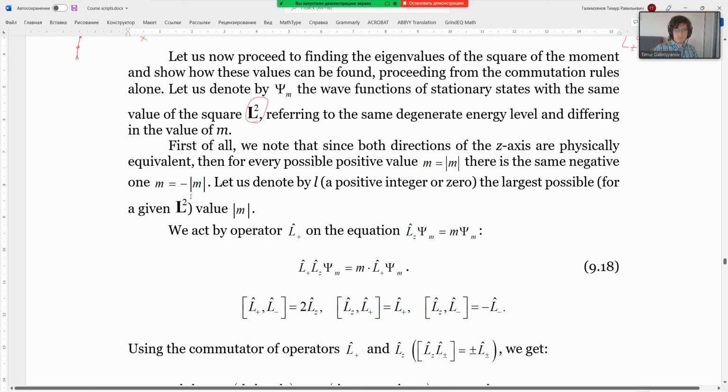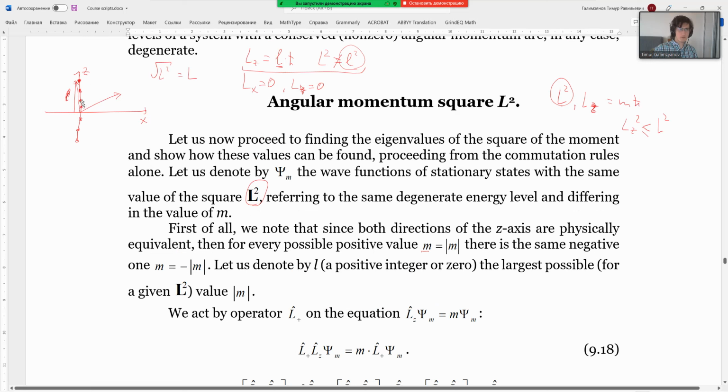Okay, so we denote by m the projection of the angular momentum on the z-axis. I showed it by these points: 1, 2, 3, 4, -1, -2, -3.